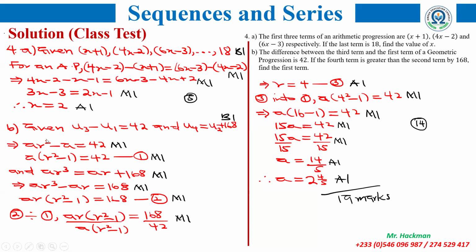So you divide the bigger polynomial by the smaller polynomial. So that will give you your equation 2 divided by equation 1. So equation 2, this side, is this, divided by equation 1, this side. If you simplify, you are going to get R to be equal to 4.